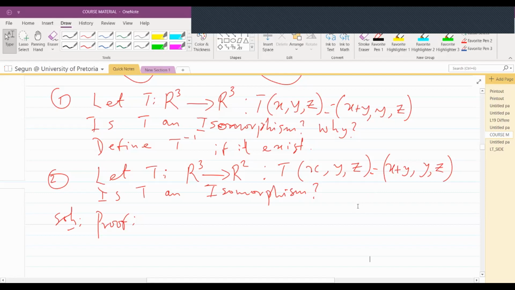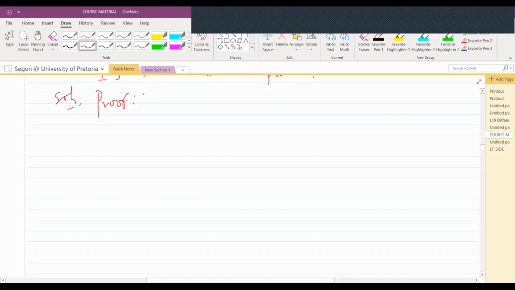The third one is what to check. Now, let's solve it. We know that at this point, how do we know? Because some of us, what we are saying, we are just saying Arabic. So our T, let's start from there. T is 1 to 1. That's the meaning of 1 to 1.